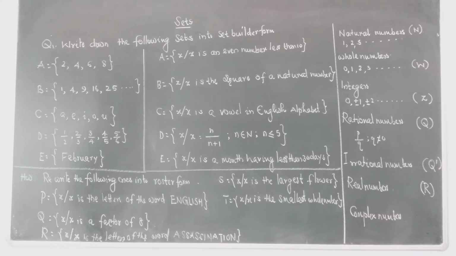And a set can be written in two different forms, the set builder form and the roster method. These are the two different ways in which a set can be expressed. And for today's class, we are going to see a few examples related to this concept.